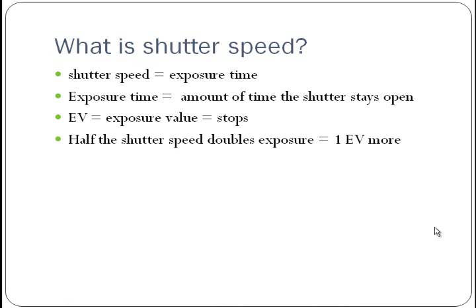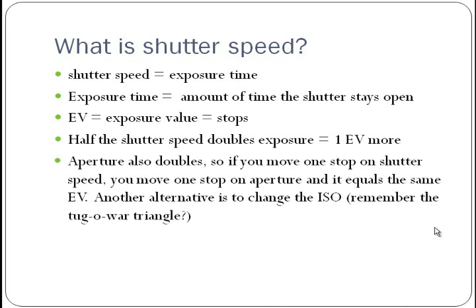So you'll read in books and other tutorials, and I'm not going to get that deep into the math, but if you have the shutter, each stop of the shutter speed is halving it or doubling it. That is, each stop equals 1 EV more or less depending on which way you're going.